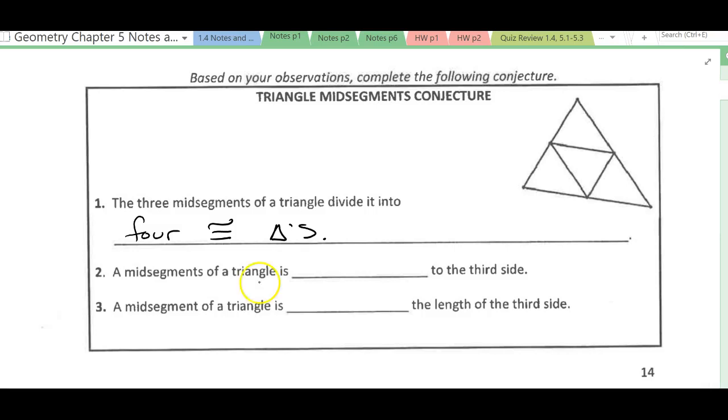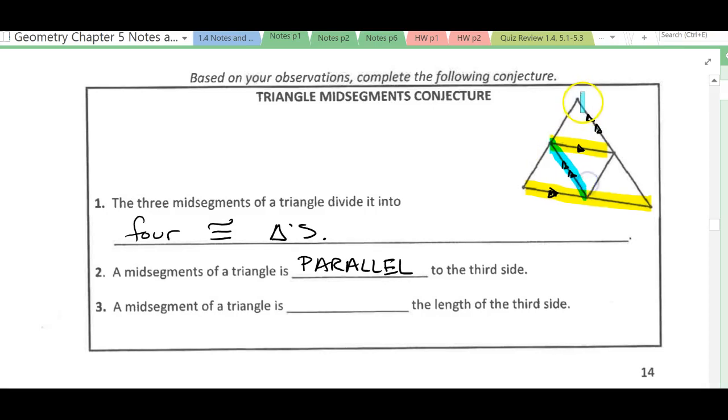All right, and then something we didn't talk about yet, I didn't want to make the picture too messy: a midsegment of a triangle is parallel to the third side. So this midsegment here is parallel to this side of the triangle here. So these are parallel. And this midsegment here is going to be parallel to this side of the triangle here.